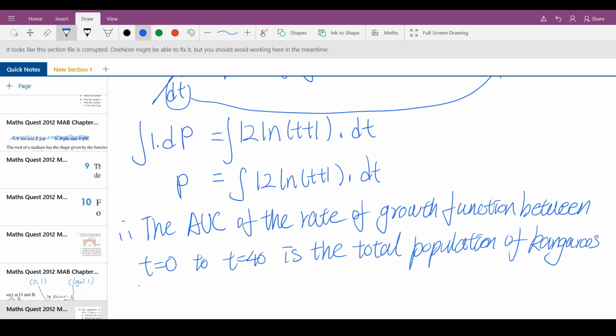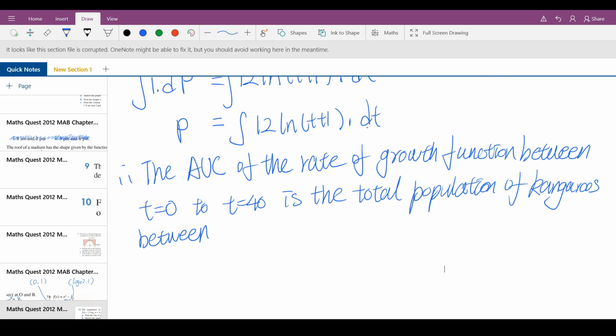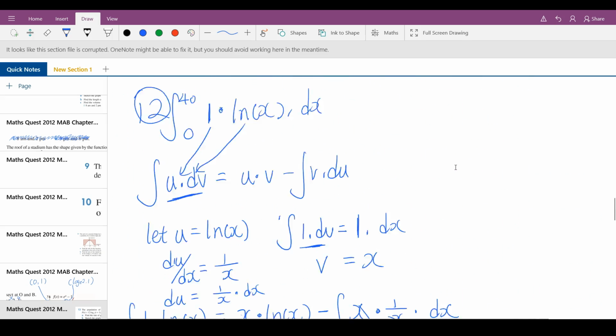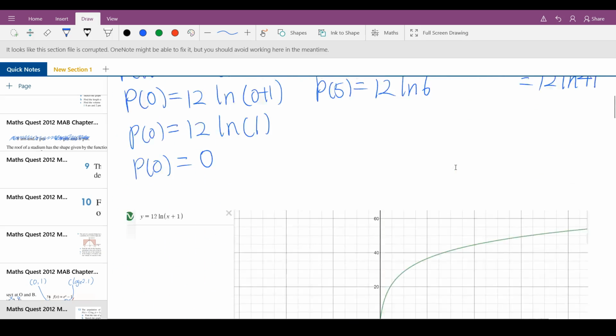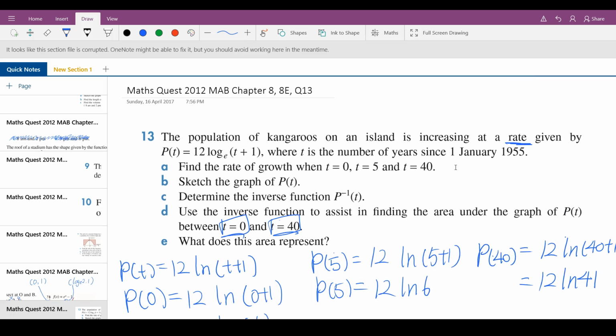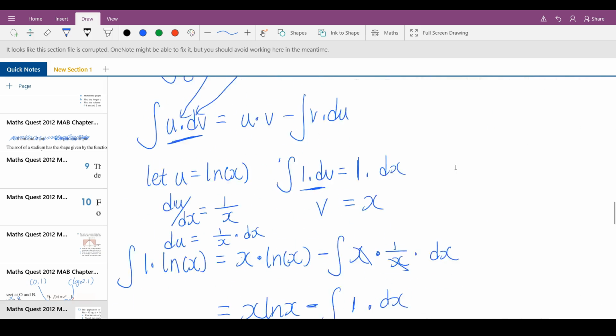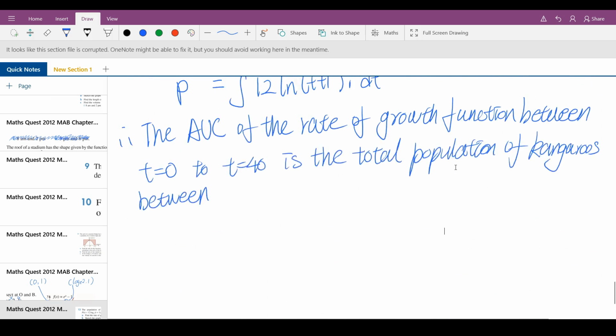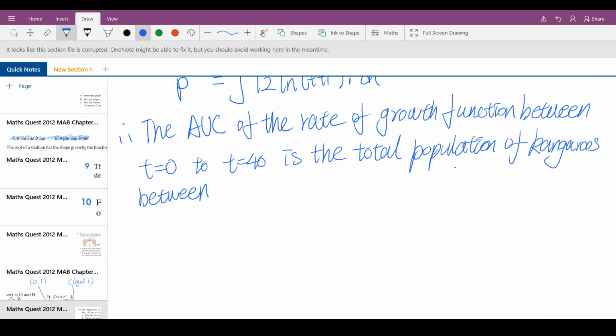So the starting of the time is 1st of January 1955, which is t equal to 0.